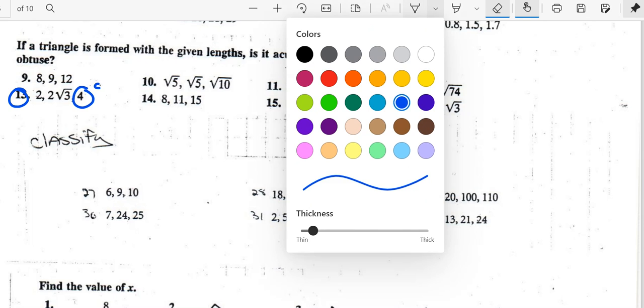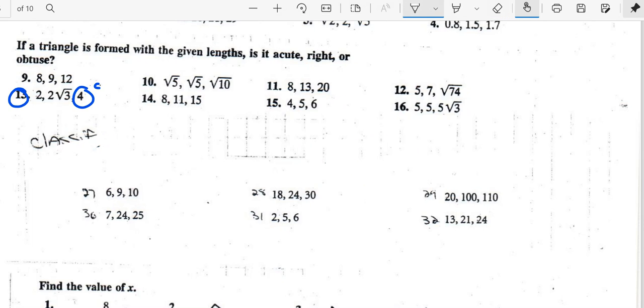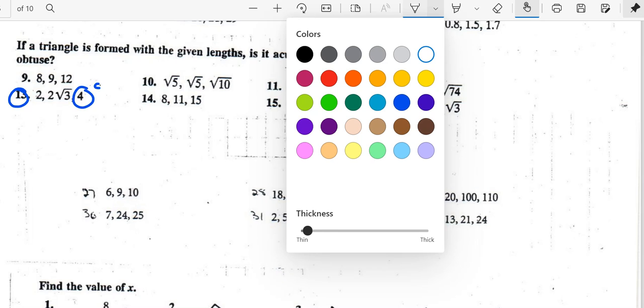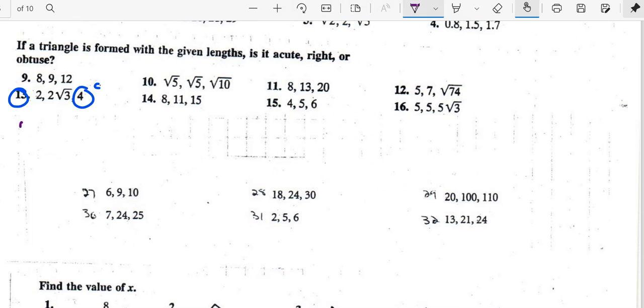So let's begin. Sorry, just trying to clear some space. I know my 4 is going to be C. So it's going to be 4 squared, empty box, 2 squared plus 2 root 3 squared. 4 squared is 16, 2 squared is 4.